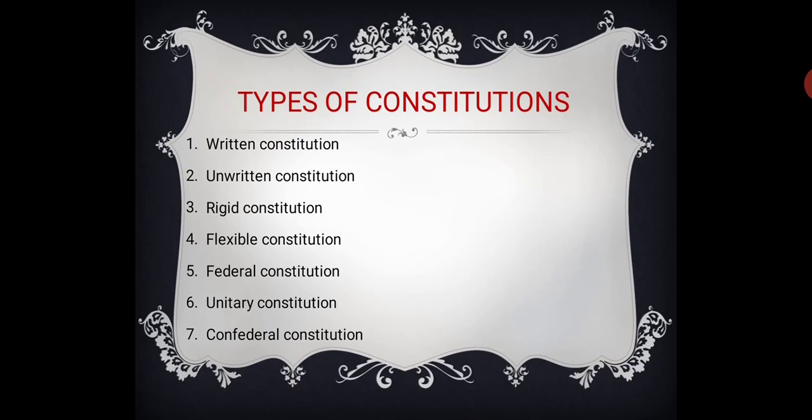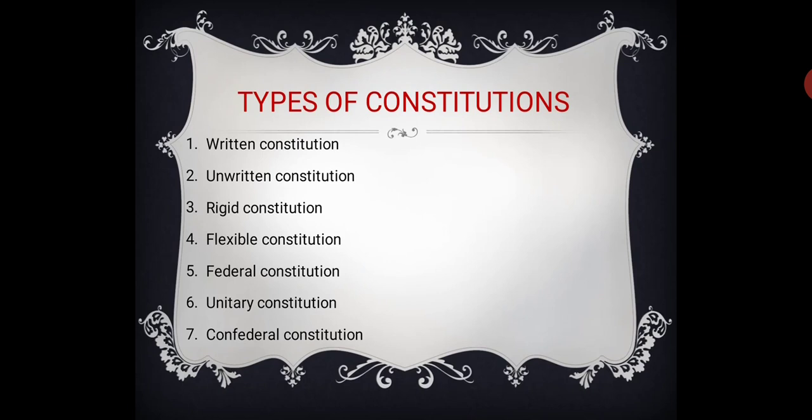Number four, it states the method and procedures for its amendment. Number five, it explains the functions and the organs of government. Number six, it spells out the rights and duties of the citizens of a country.